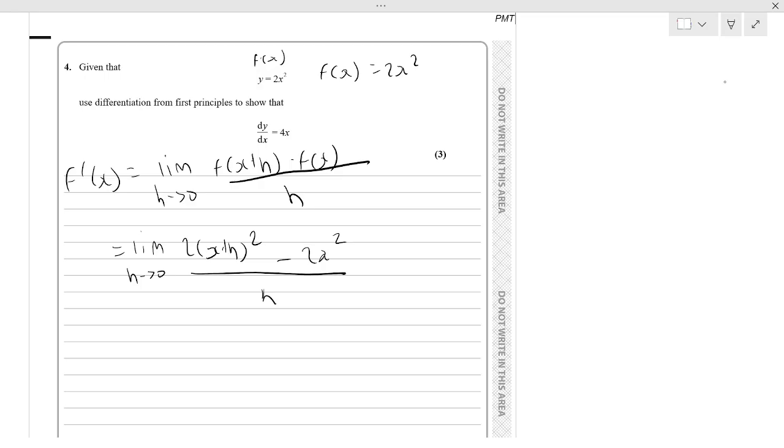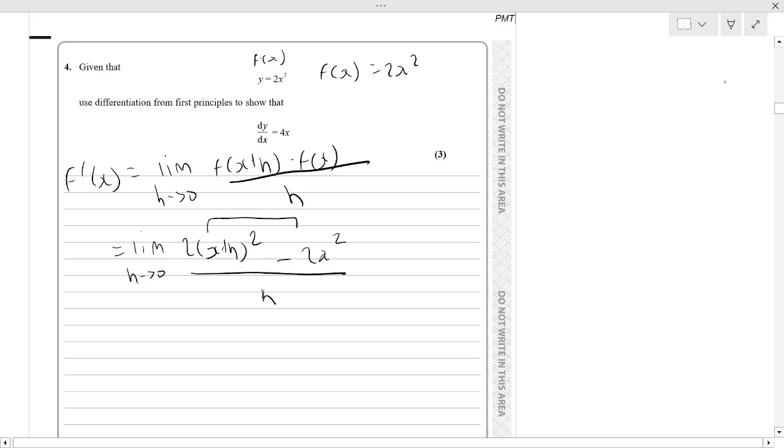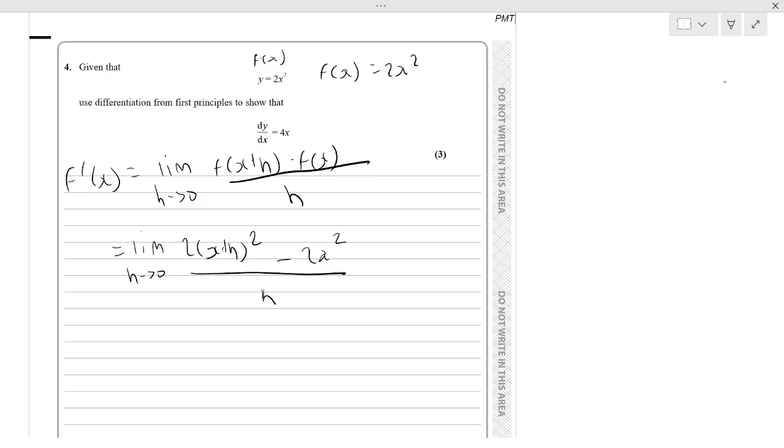You should be left with terms in terms of h. Everything eventually will be in terms of h. So if I roughly do it, you'd have 2x squared, and then I think 4xh, and then h squared.